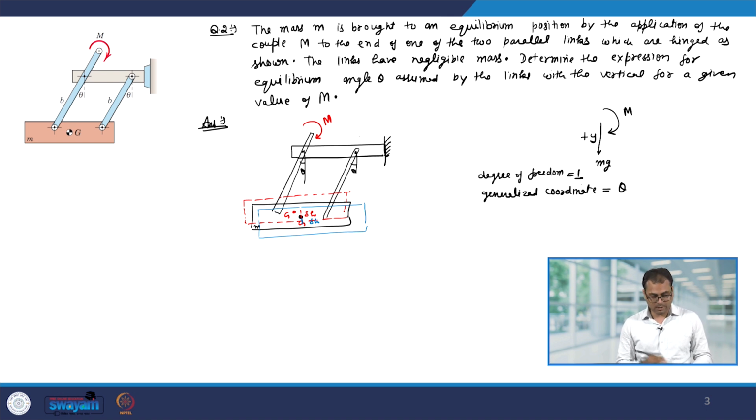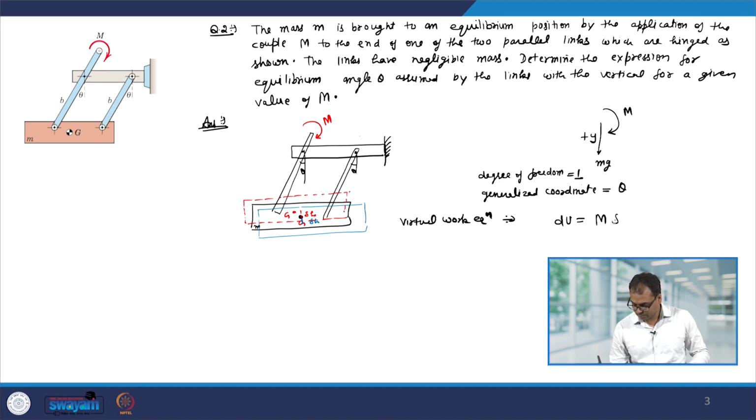Now, let us write down the equation of virtual work. Okay. So, virtual work equation is du equal to m is the moment and the virtual displacement which is d theta, plus it has a mass mg, and because of this mass the virtual displacement is dh.